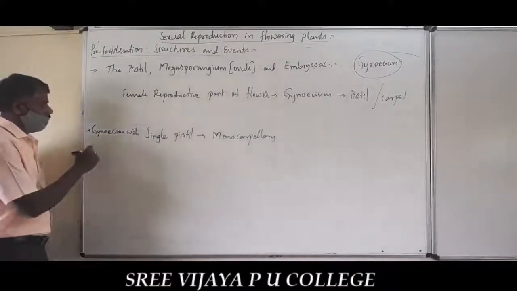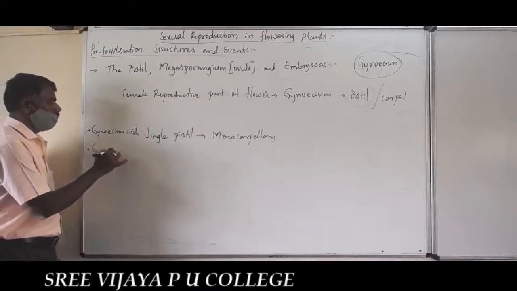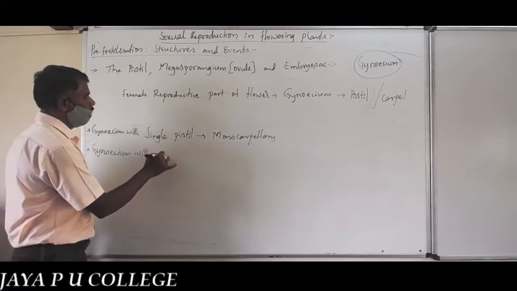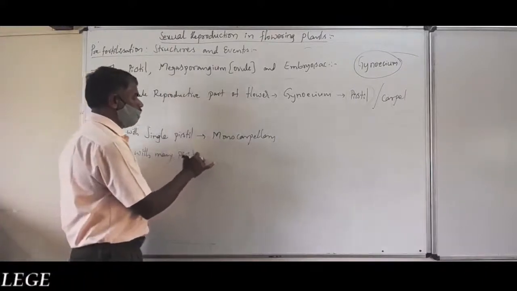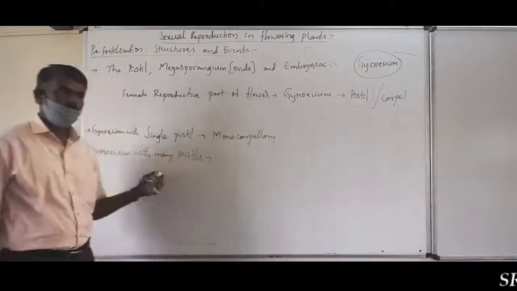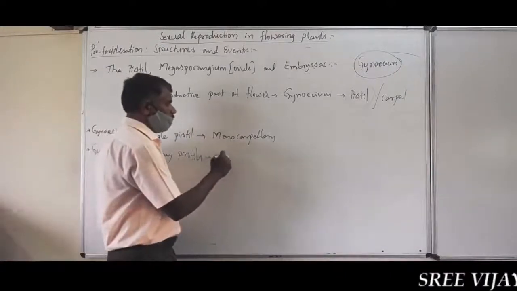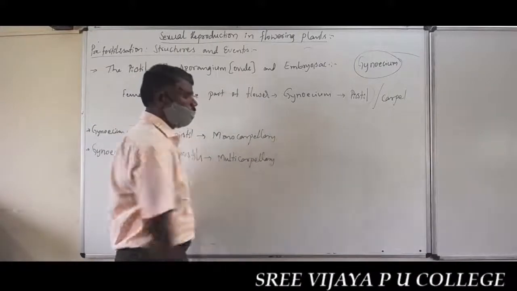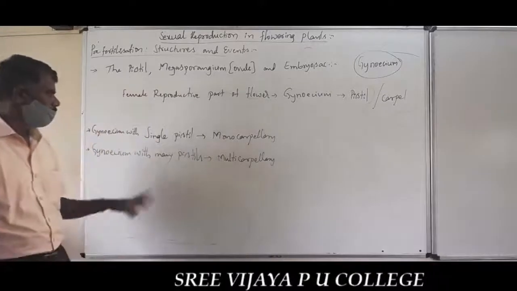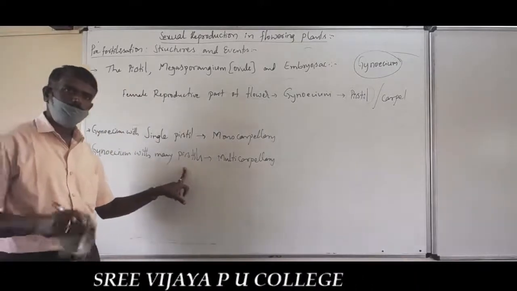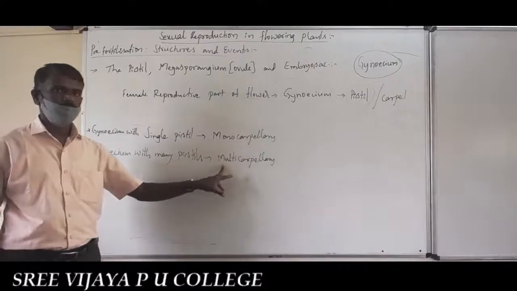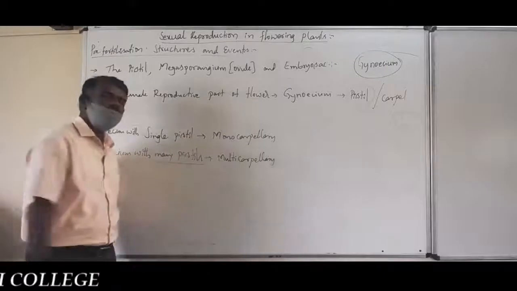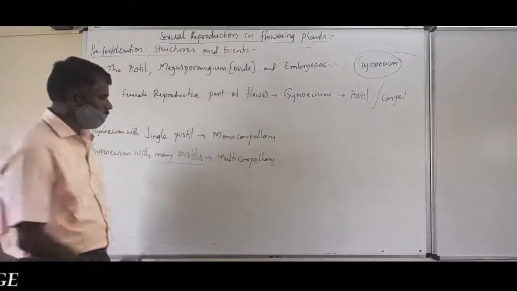If the gynoecium has many pistils, it is called multicarpellary. A gynoecium with many pistils means the presence of a number of pistils or carpels. These many pistils may be in a fused condition.